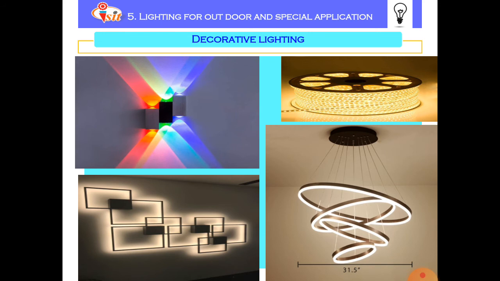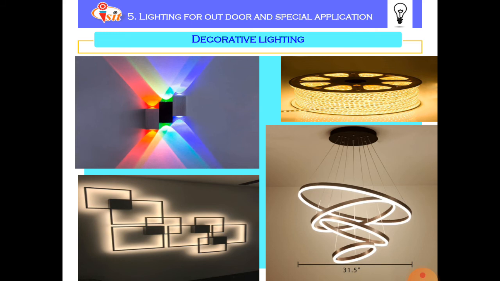Next point is decorative lighting. For the decorative lighting in the market, all types of lamps are used, such as all types of LEDs, miniature lamps, flickering lamps, automatic dimming, neon sign tubes, and colored light with reflectors.